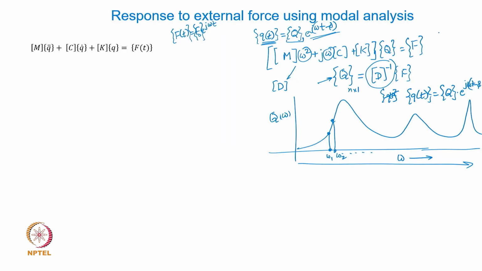So, this method, called the matrix inversion method of finding the dynamic response of a multi degree of freedom system, is computationally not advisable. It is going to be a very expensive process. That is why we have to find an alternative which is computationally more elegant and inexpensive.